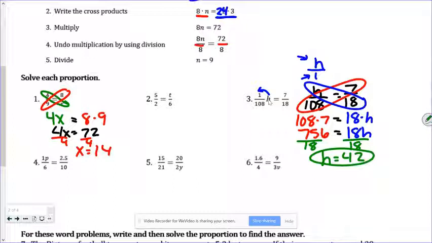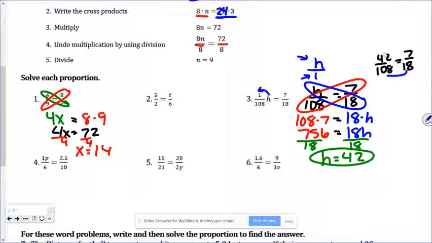Okay, so let's just recap what we're solving for here. This 42, I'm going to plug in just up at the top where I wrote my H over 108. So I have 42 over 108, and this is supposedly equal to 7 over 18. So if we look at these fractions, I need to multiply 18 by a number to get 108 and multiply 7 by that same number to get 42.